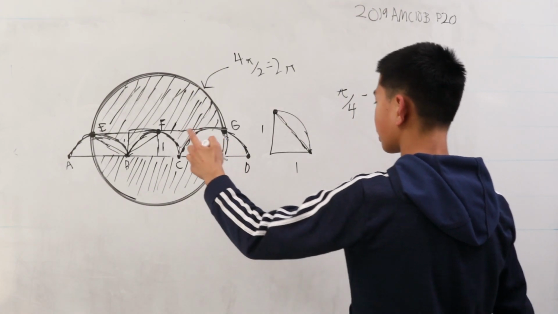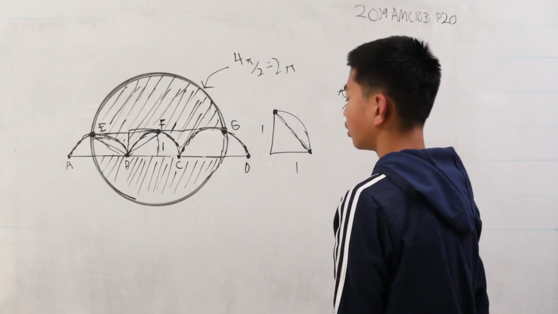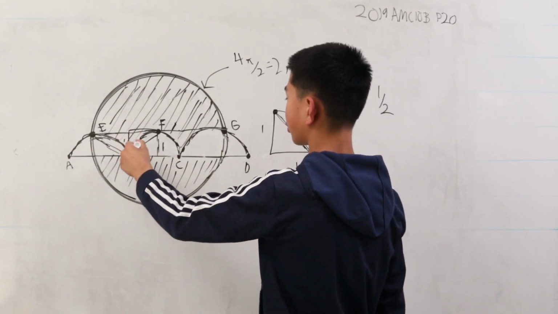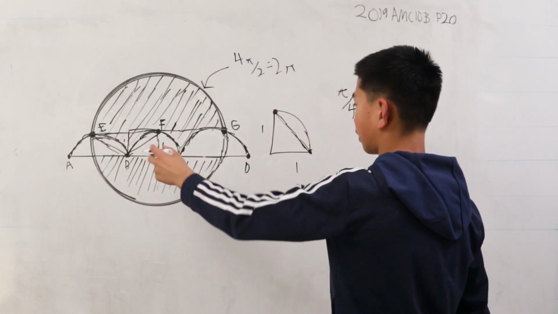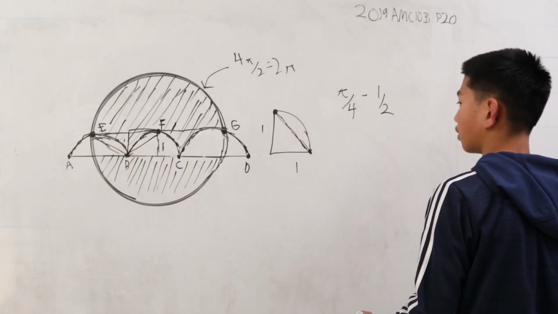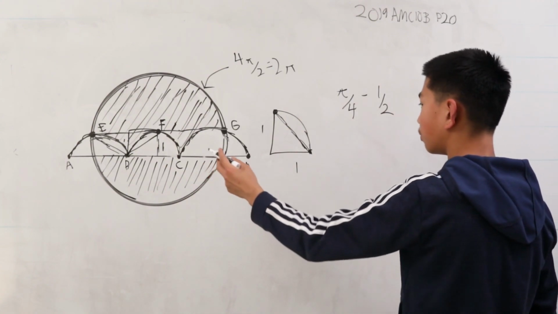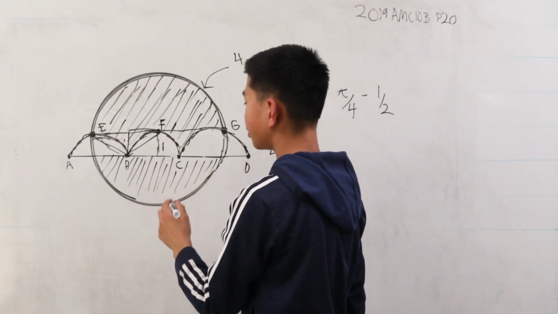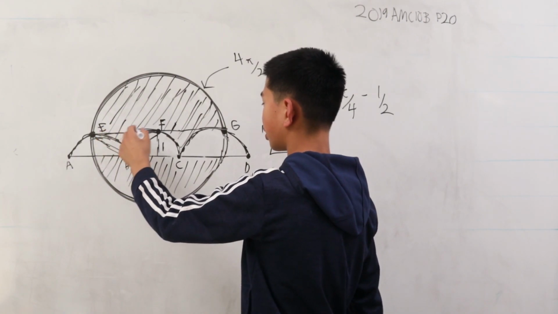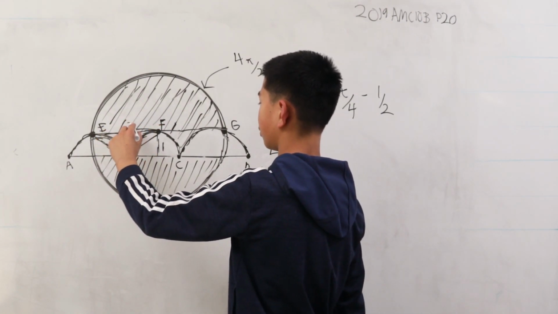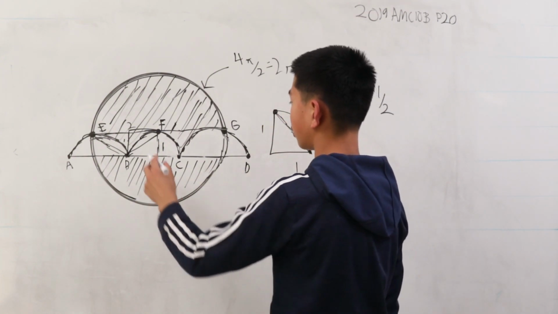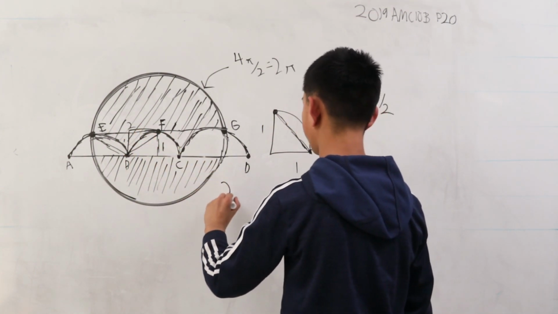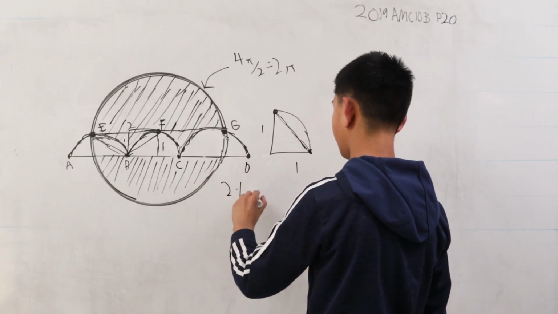The whole area of this triangle is 1, because this is 1 and this is 1, so this base is going to be 2, which indeed satisfies the radius 2 condition. So the area is 2 times 1 over 2, which is 1.